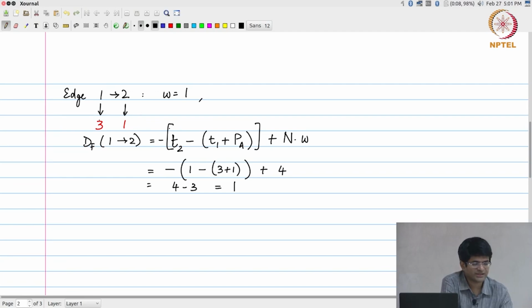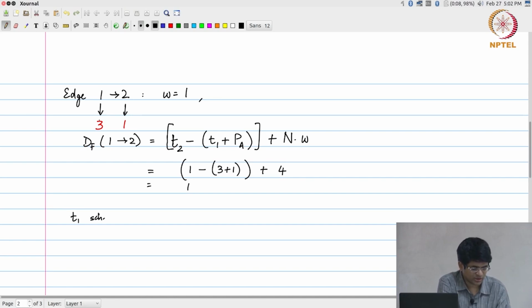And if there are W delays, then T2 plus N into W is the time when it is consumed.